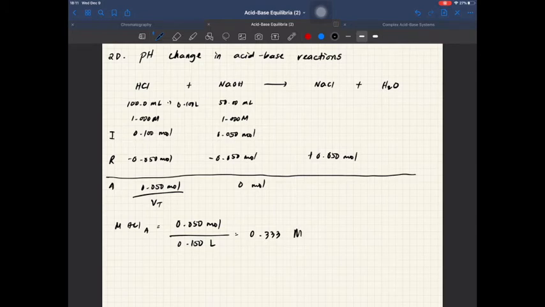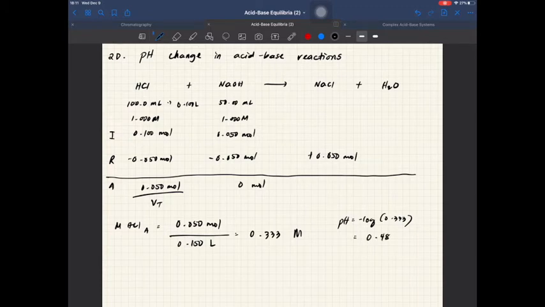Therefore, the pH of the solution after the reaction is equal to negative log of 0.333, and therefore it's 0.48.